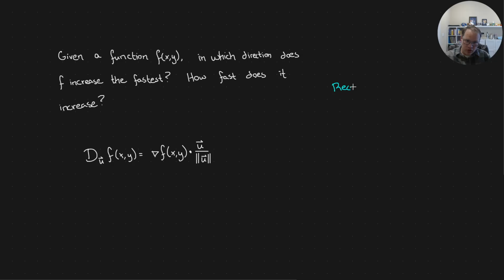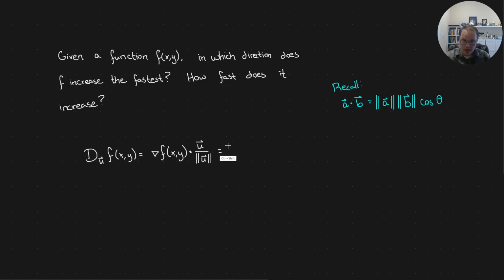Recall that if I have two vectors, a and b, and I take their dot product, one of the properties is that this is equal to the magnitude of a times the magnitude of b times cosine of the angle between those two vectors, right? So that's the property we're going to use here. Here our two vectors are the gradient of f and the unit vector pointing in the direction of u.